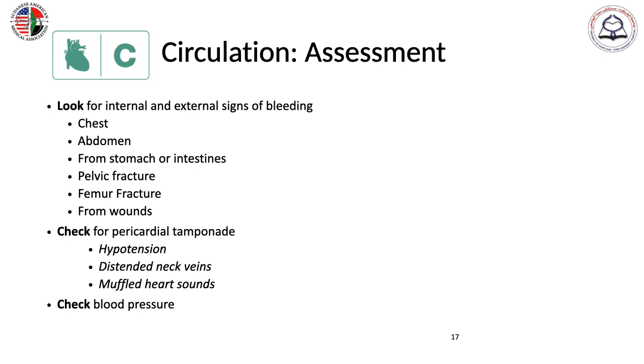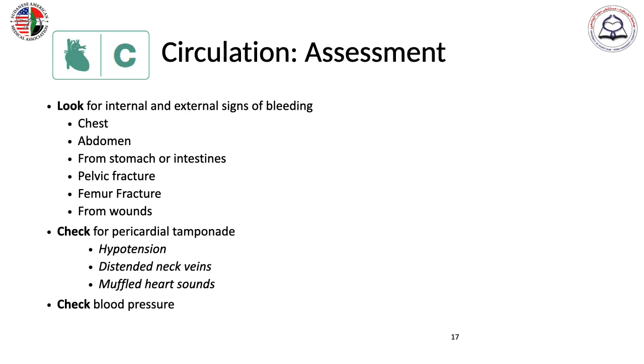If you are suspecting bleeding, it could be external or internal, revealed or concealed. Usually bleeding happens in different compartments. The concealed bleeding can happen in the chest, and you can find signs of pleural effusion or hemothorax.